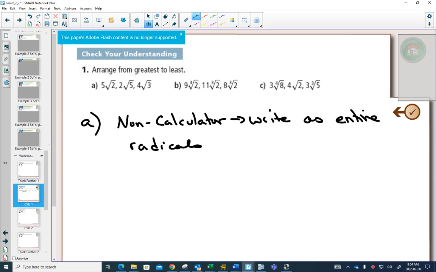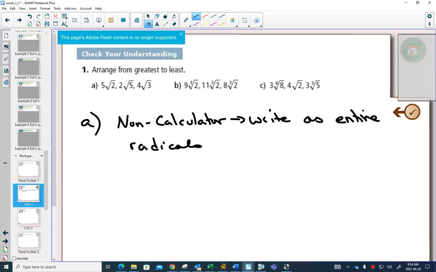If you have a calculator, then you can just type everything in, see which, as a decimal, which one's the biggest, which one's the smallest. Okay? So A would be an example of a non-calculator one.